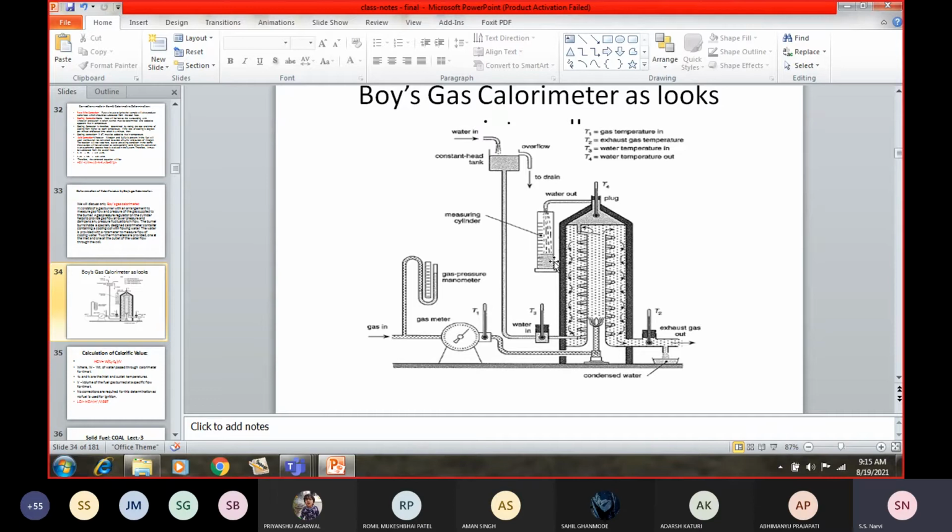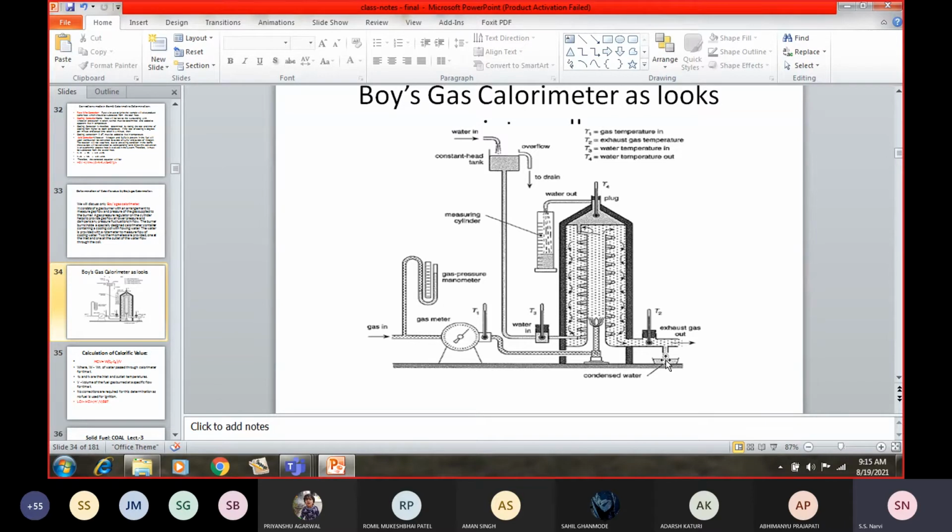So you will collect W mass of water here. You can measure the volume, since the density is 1, so you will know how many grams or kg of water has been circulated and how much water has been condensed.